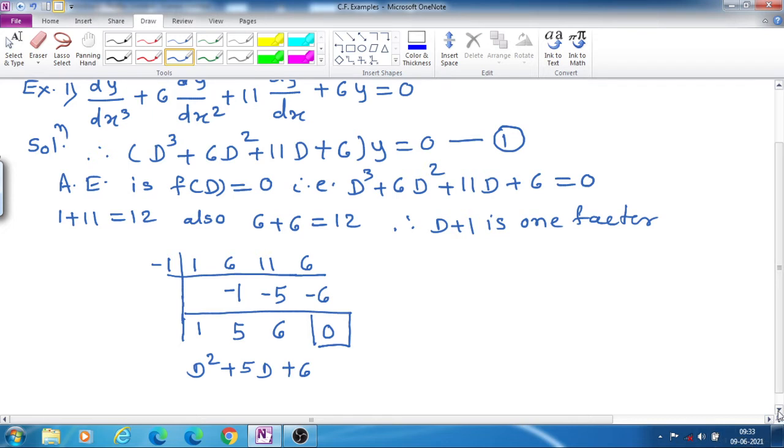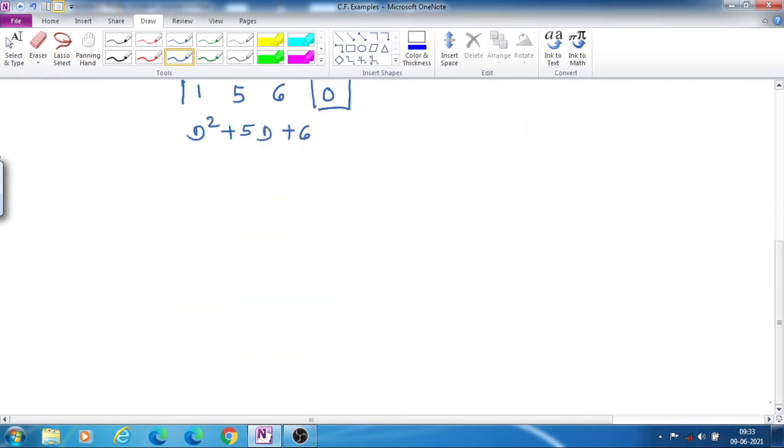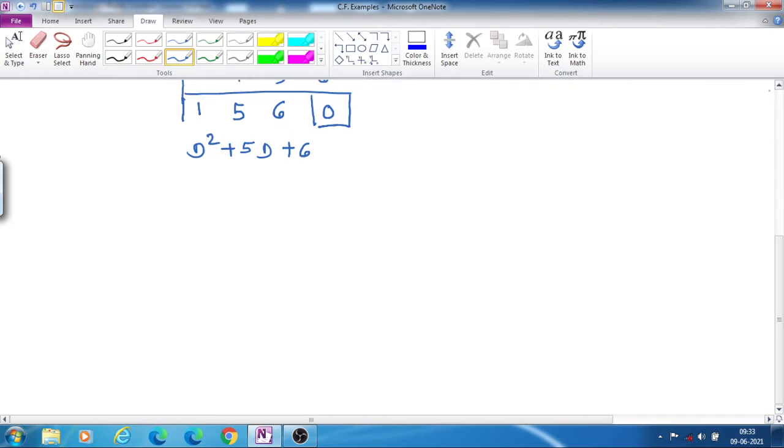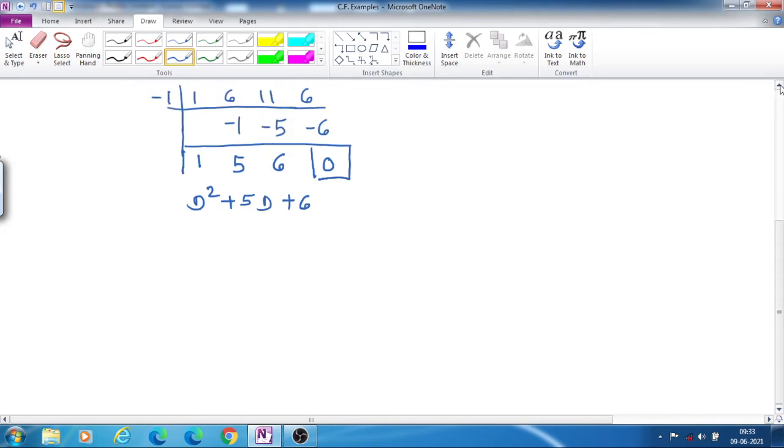So our factors are now, first factor is d plus 1 and second factor is d square plus 5d plus 6. This is equal to 0. This is our auxiliary equation.